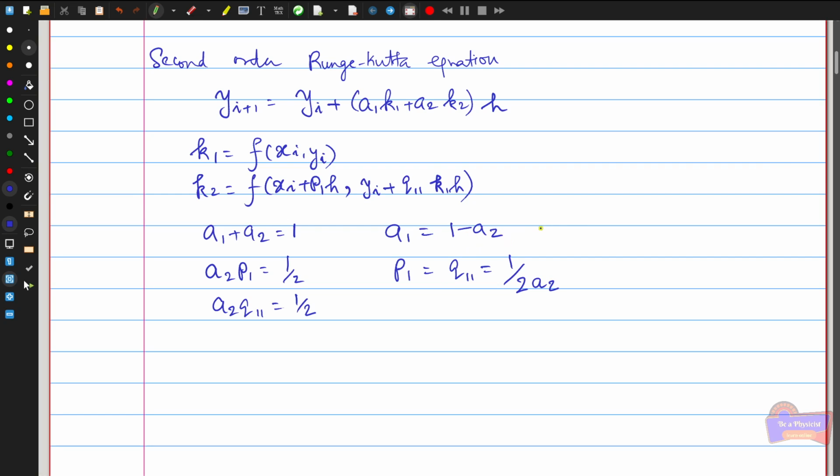For example, if I choose the a2 value as 1 by 2, then substituting this value in this equation, I will get a1 equal to 1 by 2, and a2 equal to 1 by 2. Similarly, p1 and q11 are also equal to 1 by 2.